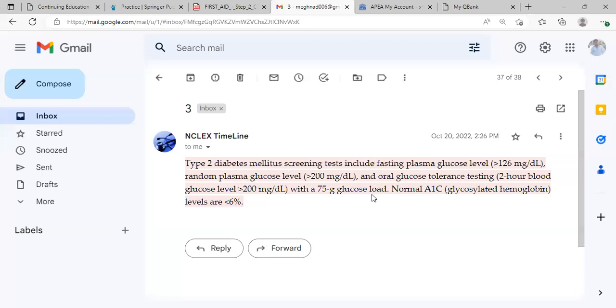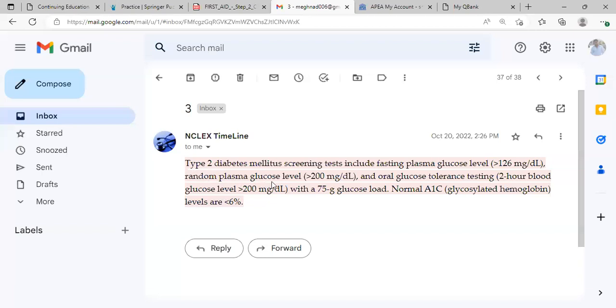What does it mean? You take 75 grams of glucose and then you do the test. For the oral glucose tolerance test, the 2-hour blood glucose level, if it is more than 200 milligrams per dL, the patient may have diabetes.